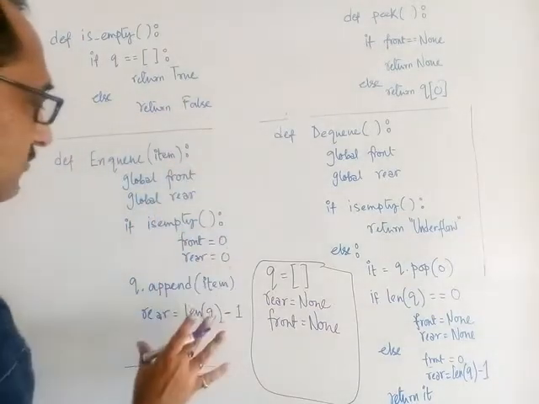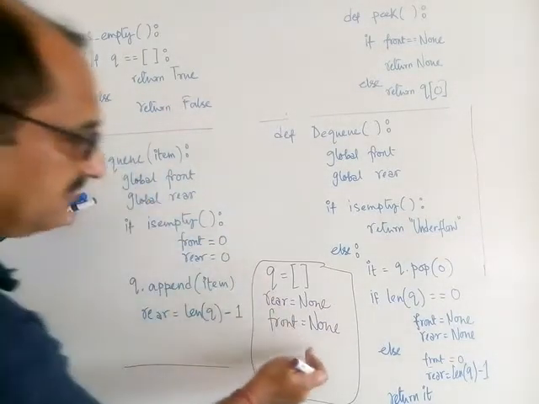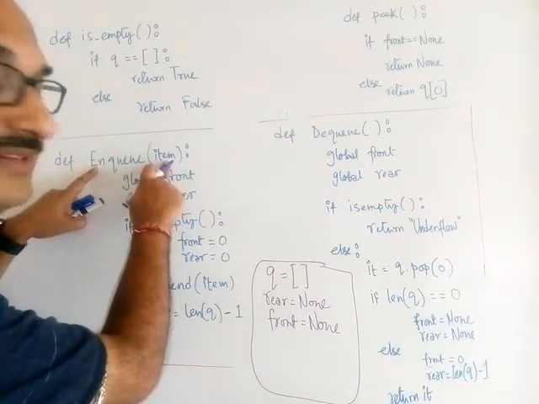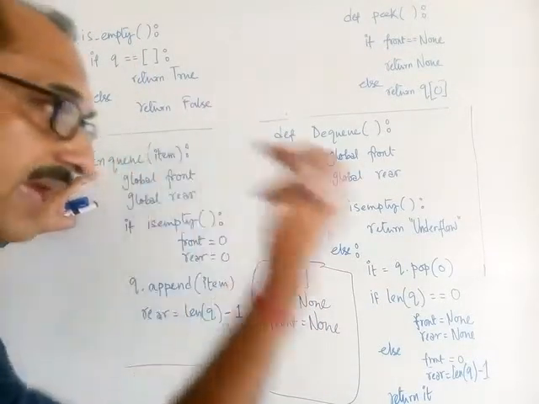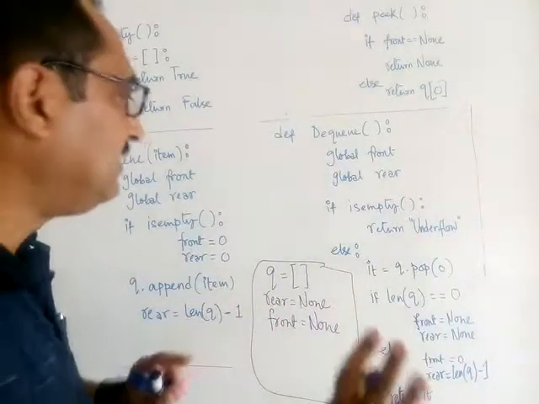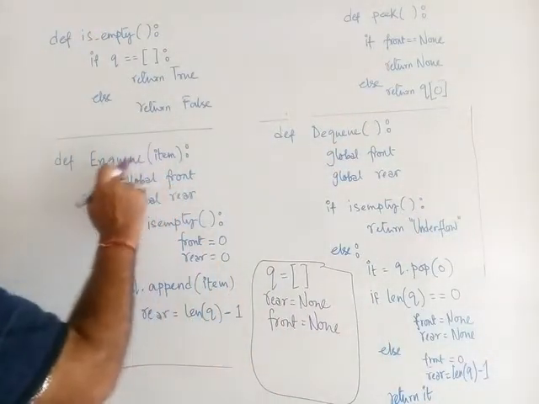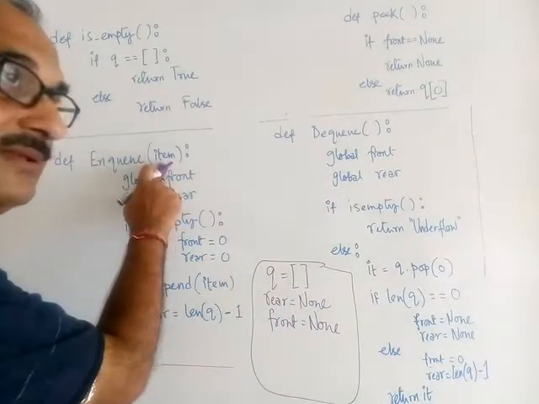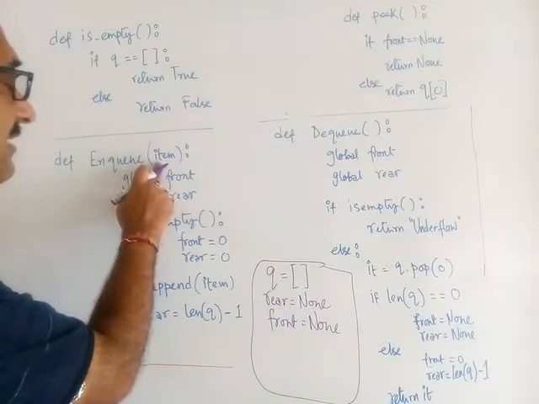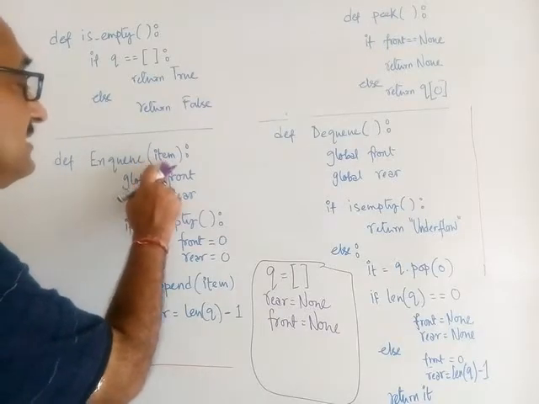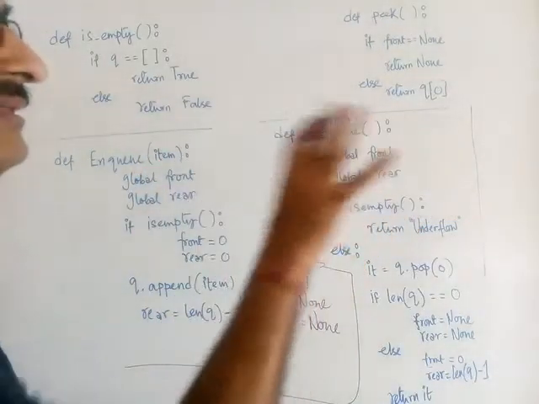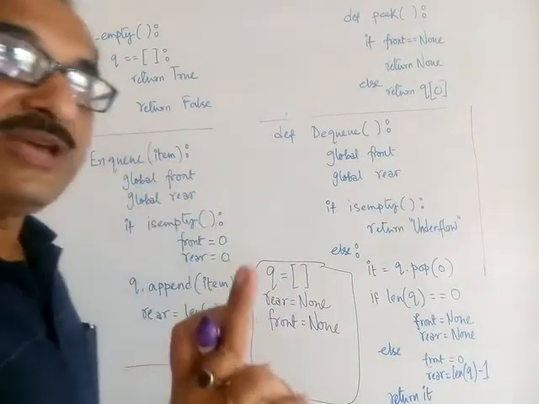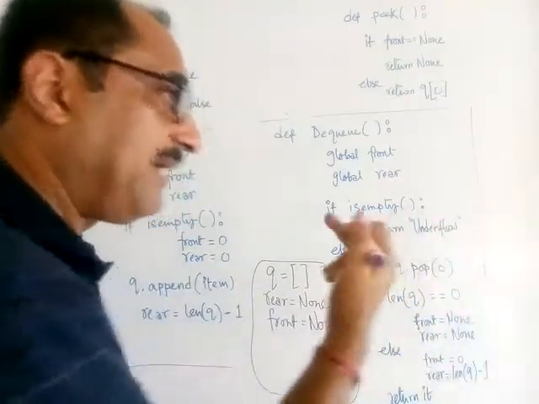Now comes NQ. If I call this function from the main function, obviously I will pass a value so that item can receive it. So I will write NQ and a value X, which is to be passed. This item will receive the value from whoever passes it, and this value will be entered. This is going to be my new element in the queue. Now we know that insertion always has to happen from the rear end, from the back.